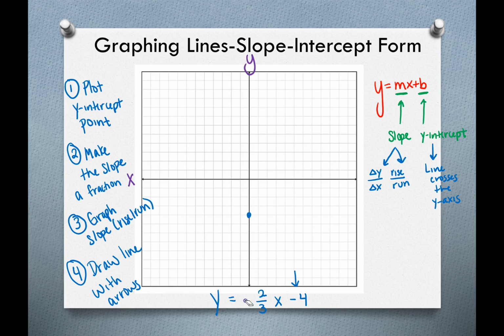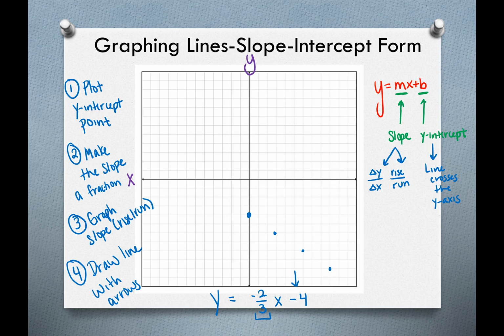So I'm going to erase where it is outside, and put it with the numerator. Since the numerator here is negative, I'm going to go down 2, and since this is positive, I'm going to go right 3. So I have down 2, right 3, down 2, right 3.